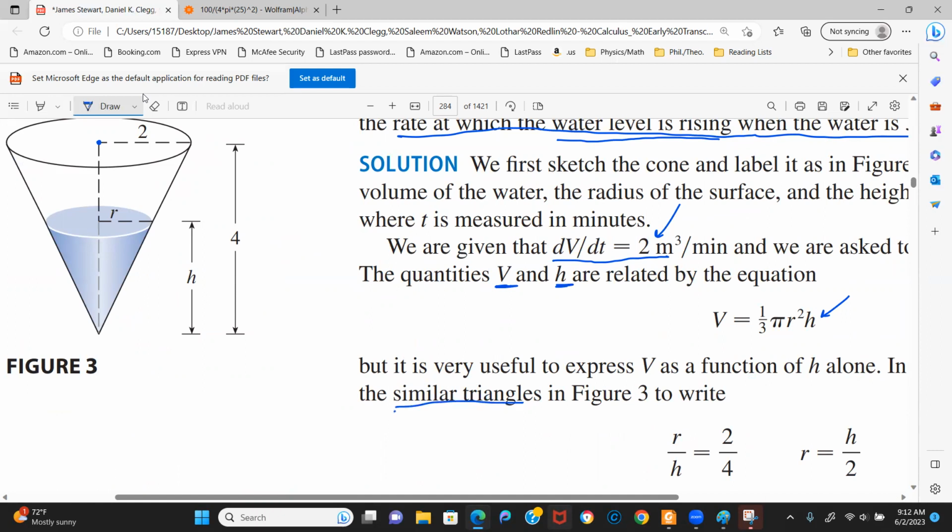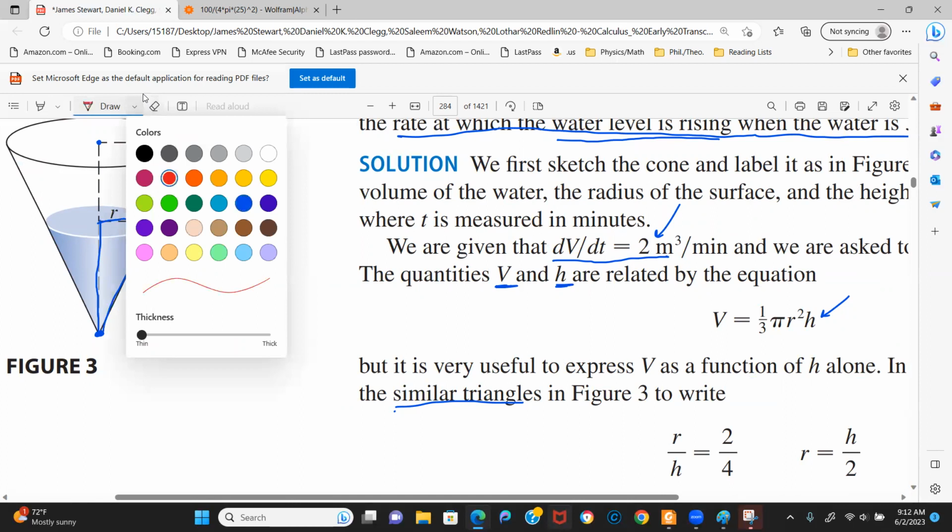There's a similar triangle situation going on here. Imagine we have this point right here, and two triangles with one inside the other. We have this triangle right here, and then the bigger triangle, and they share sides right here. Maybe I should have done a different color.